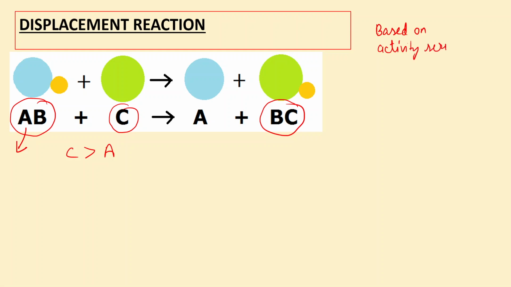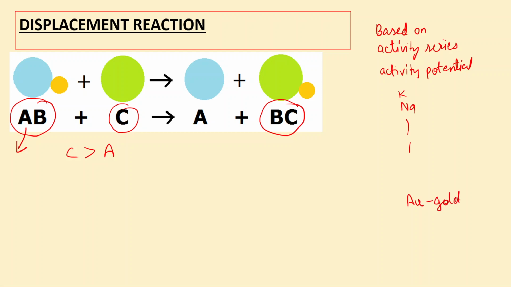Right? This displacement reaction is basically based on the activity series. This series tells you about the activity potential of an element. This is a proper series. It starts with K and shows all the elements in the order of their reactivity. There is a reactivity series, and gold.